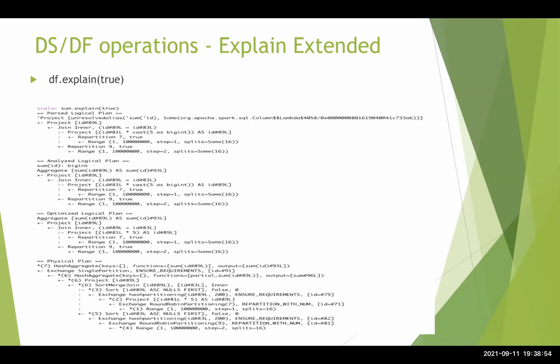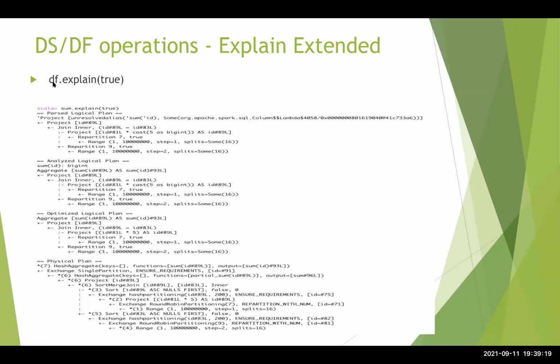Spark lets you inject your own rules while optimizing the Spark DAG. So we'll cover that in the optimizer session in detail. So if you want to see what Spark has optimized, and over that, if you think you can optimize, then maybe you print and analyze. But mostly we look into the physical plan.